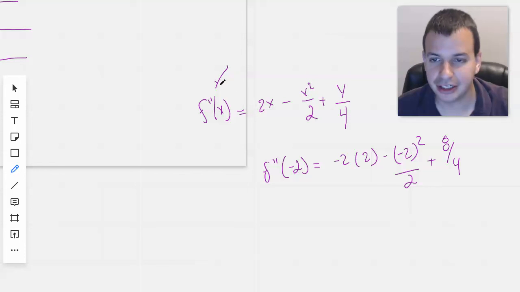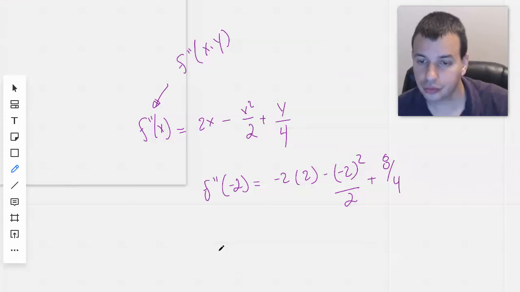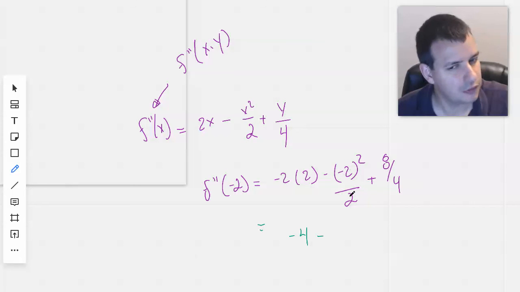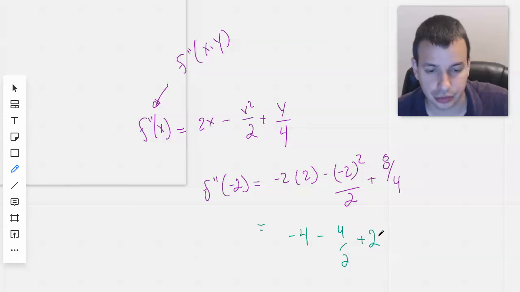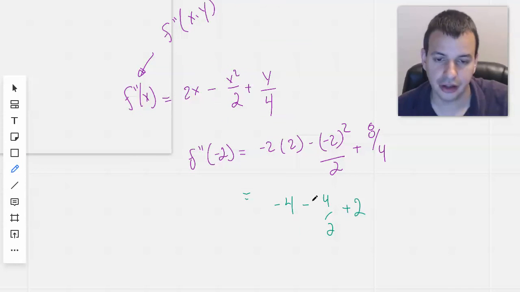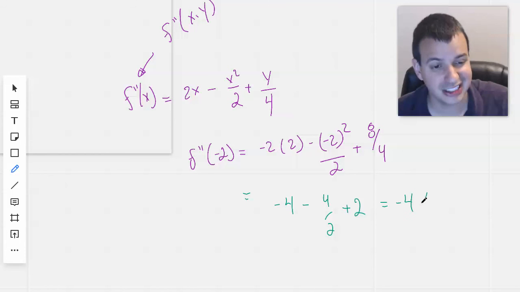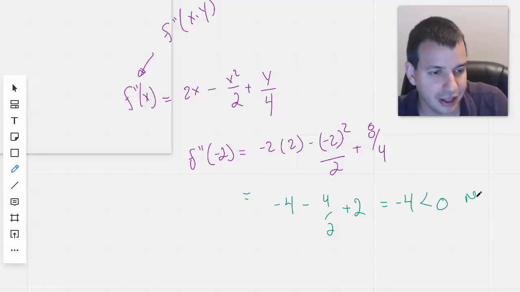In all fairness, I put f''(x), but this should actually be f''(x, y). So when we solve this, we have -4 minus 4 divided by 2 plus 2, and we're left with -4 minus 2 plus 2, which gives us -4, which is less than 0. Therefore, we have negative concavity.